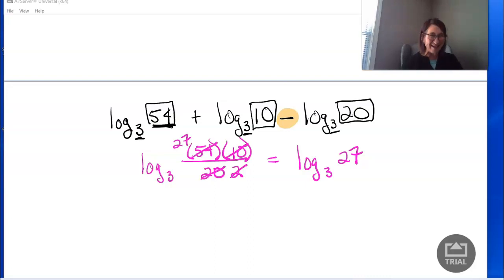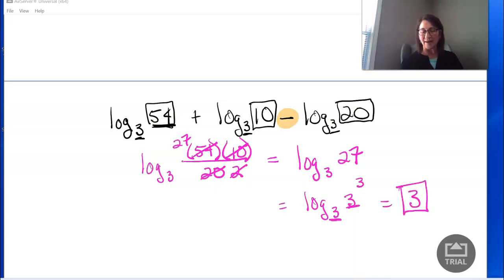Well, 27 is the same as 3 cubed. So I can change this to log base 3 of 3 cubed. That's a lot of 3's. When the base of the log and the base of the exponent are the same, this is equal to that exponent, 3. All right, so now you should have enough information to really have fun with this homework.